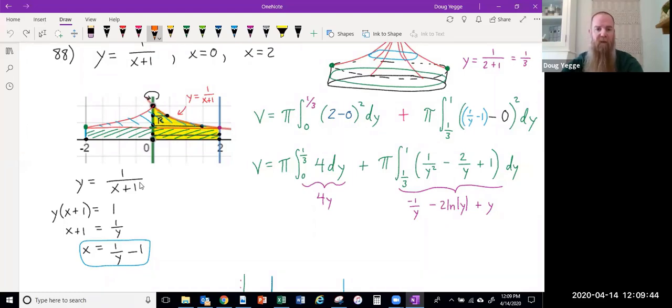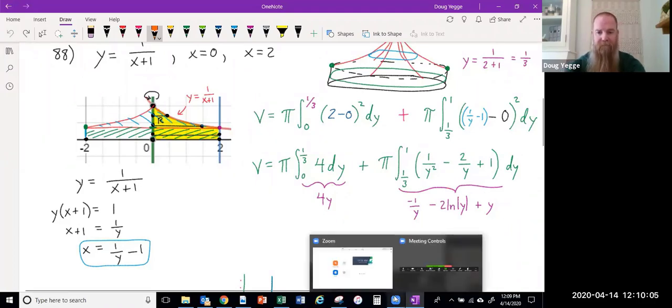We had to figure out what the first radius was and the second radius. We then had to integrate two separate integrals. And that's before ever evaluating this. Now I've got to plug in 1/3 into here, into the ln. It just becomes really ugly and nasty and difficult. Instead, don't do it.